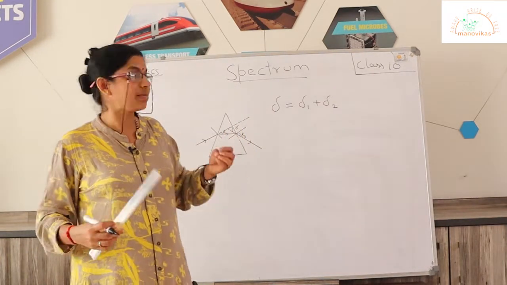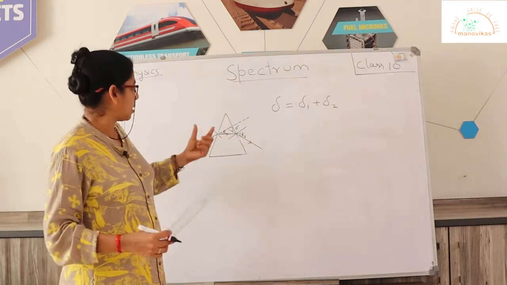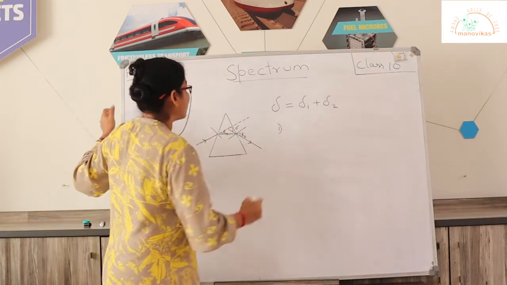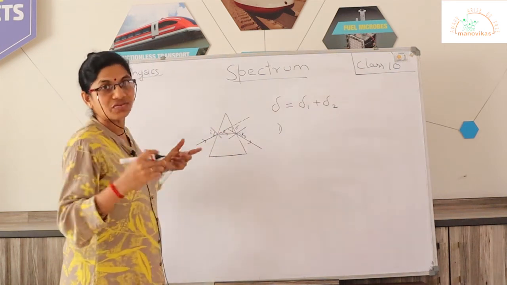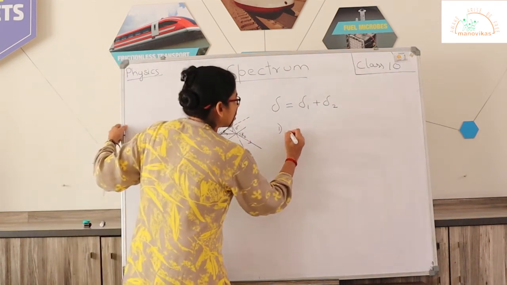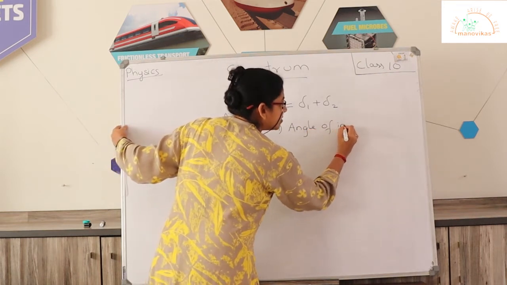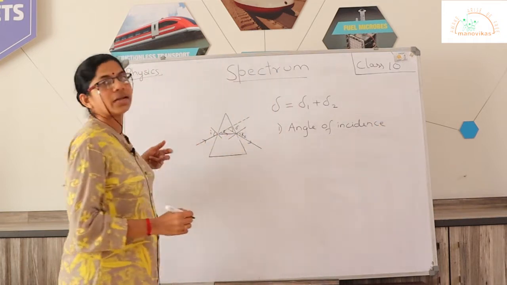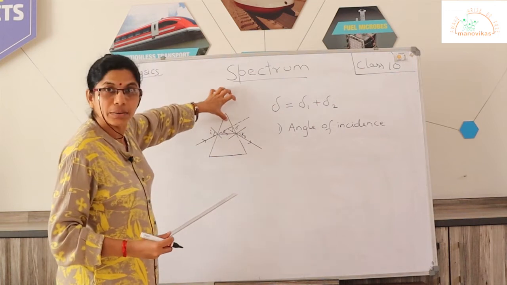What are the factors affecting deviation produced in a prism? The first factor is that it depends on the angle of incidence, I is the angle of incidence. Next, it also depends on the angle of the prism.